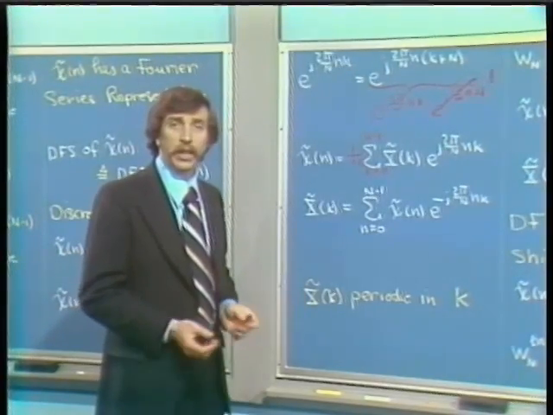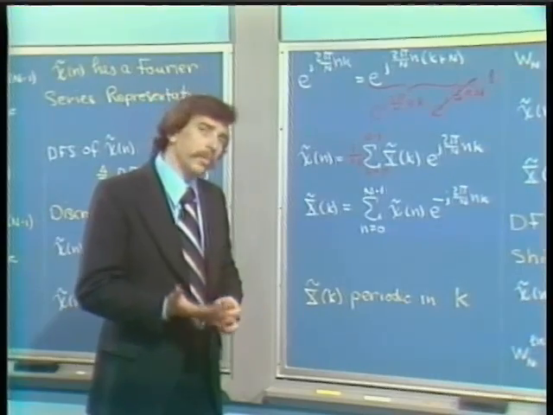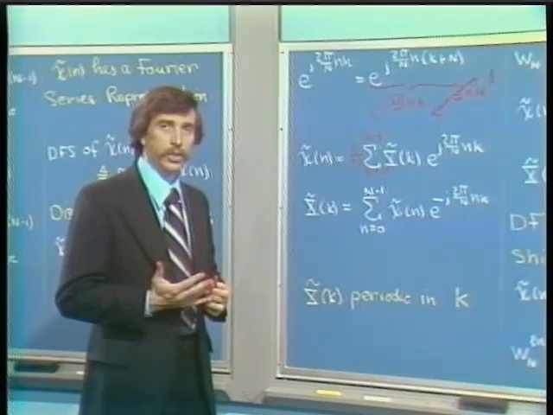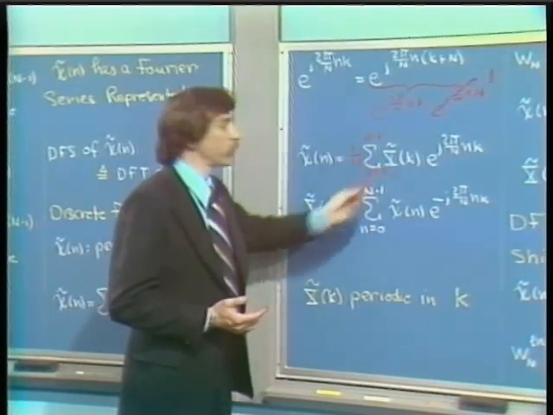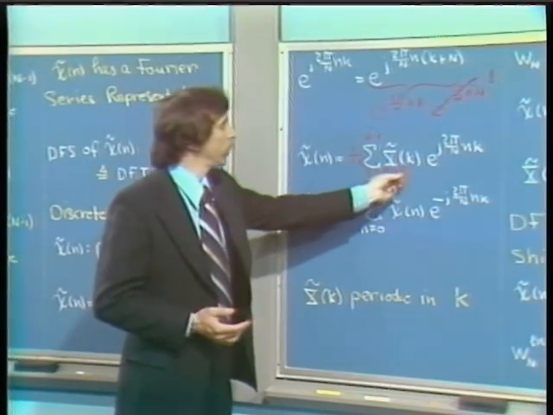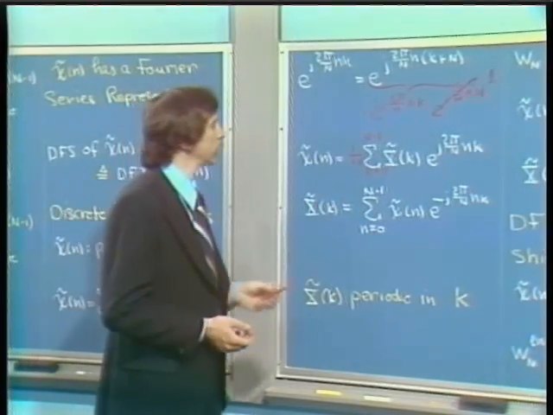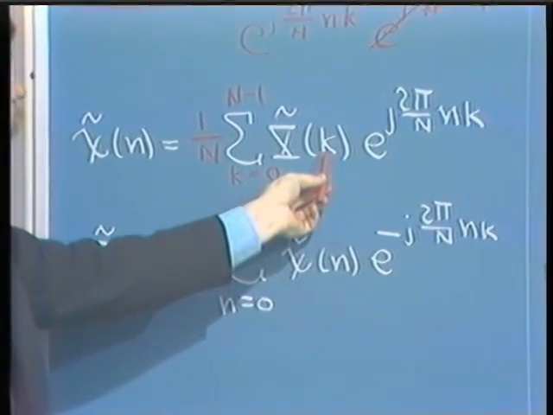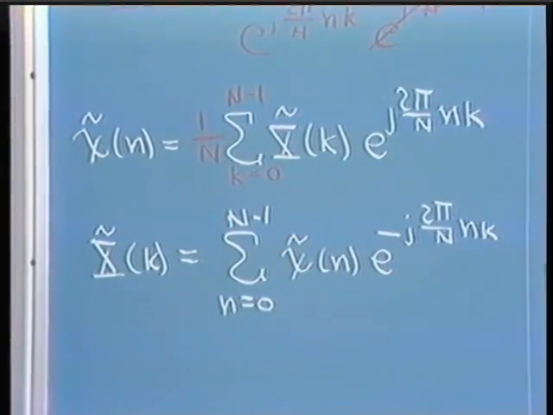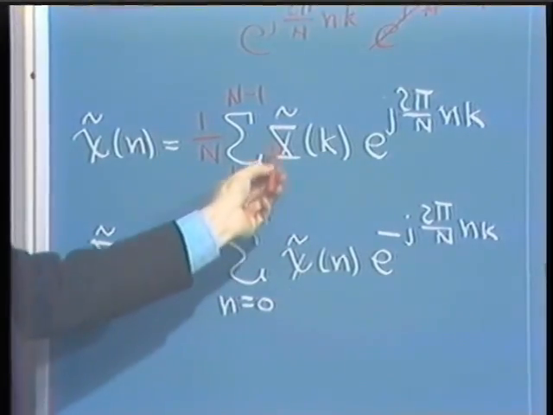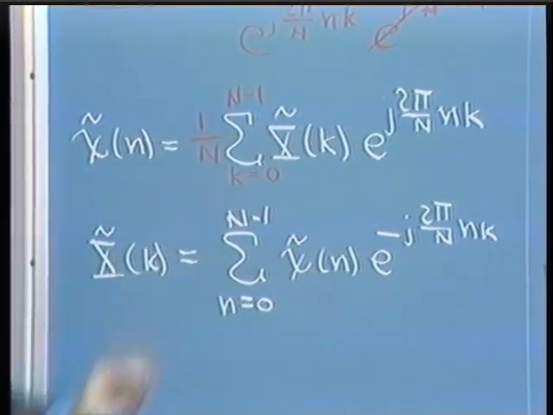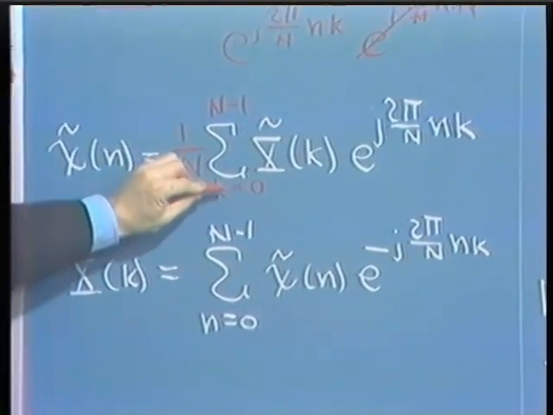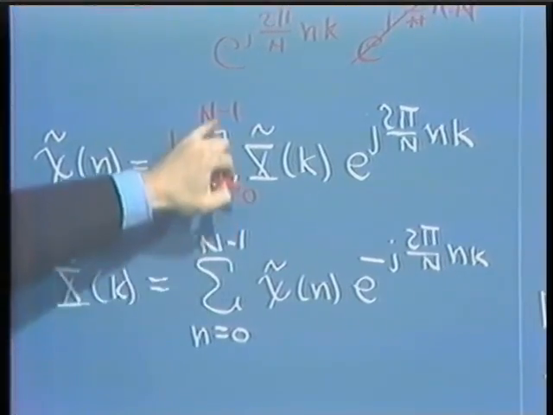That is, there are only a finite number of them. Well, the important point is that there are only a finite number of distinct coefficients. Also, in this relationship, whether I considered these as periodic or not periodic, I still only use a finite number of them. That is, I only use them in the range k equals 0 to capital N minus 1. And how I choose to interpret capital X tilde of k outside the range 0 to capital N minus 1 is going to have absolutely no effect on the evaluation of this summation.